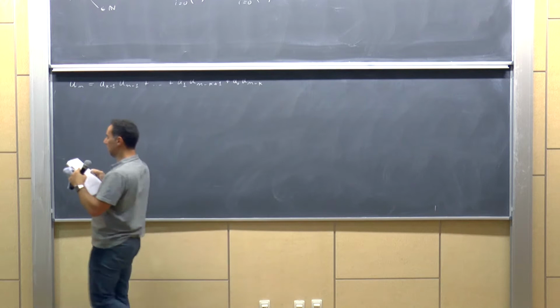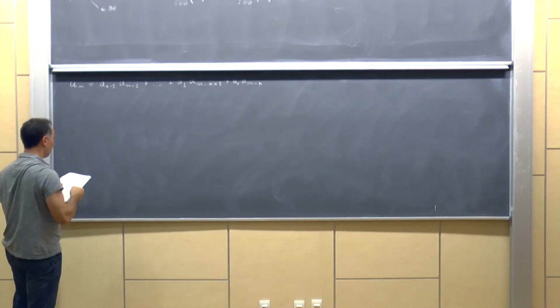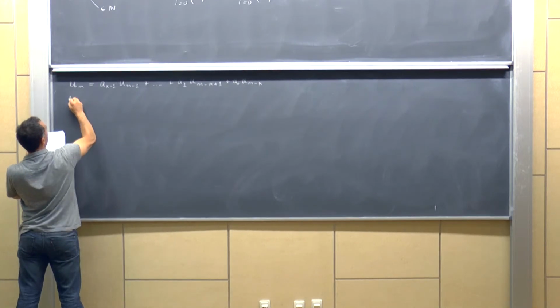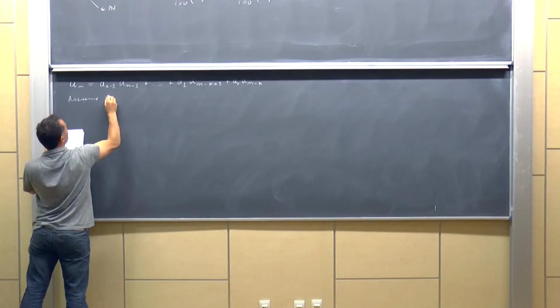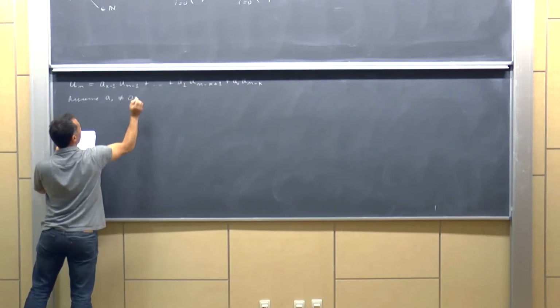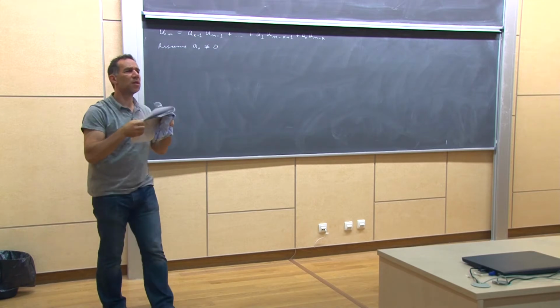So I've just written it slightly different. So this is a linear recurrent sequence. And we will assume that a_0 is not 0. Why can I do this?